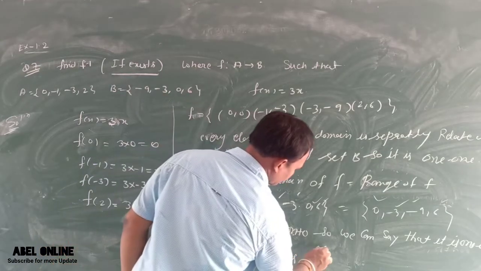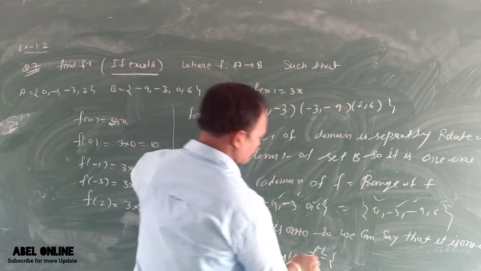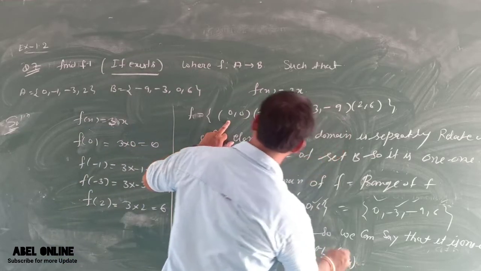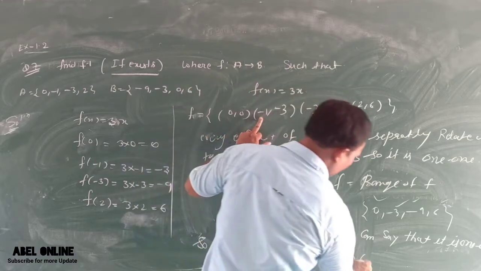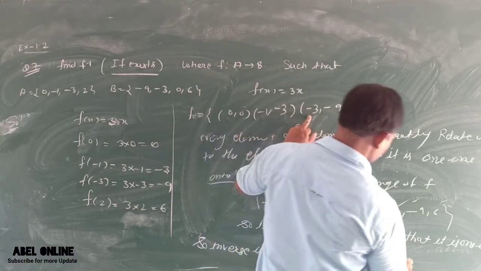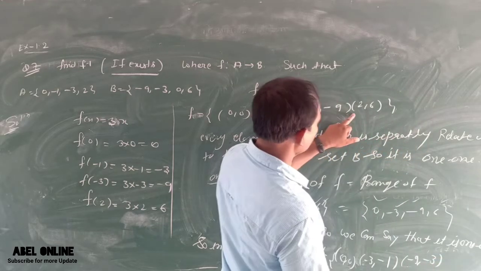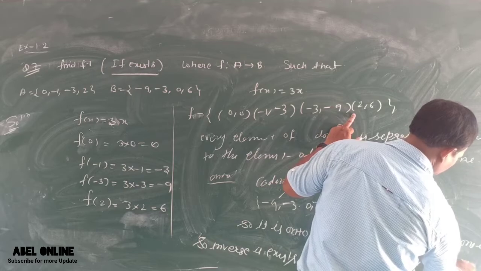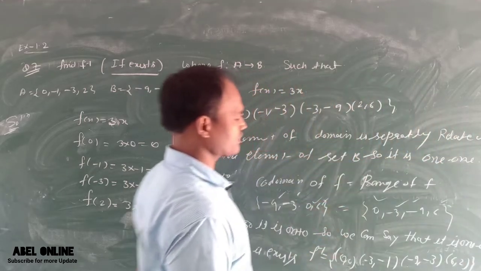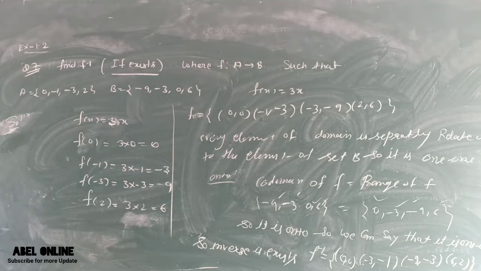So f inverse equals {(0, 0), (-3, -1), (-9, -3), (6, 2)}. Just do the opposite. So students, this is the answer. Okay, this is question number 7.